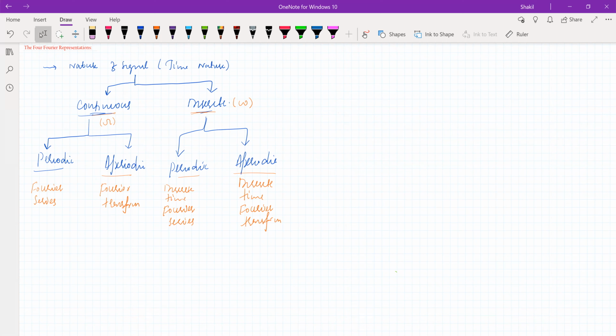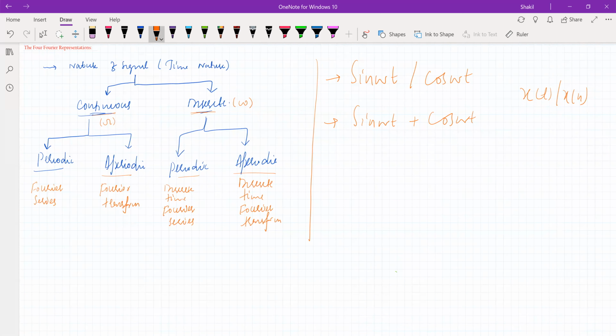Now, before I tell you what these four different Fourier representations are for these different classes of signals, please remember that we can use different sinusoids. We can use a real sinusoid, sine or cos wave, or sometimes both, sine omega t plus cos omega t, to represent our x of t or x of n. So here we will have sine omega n or cos omega n.